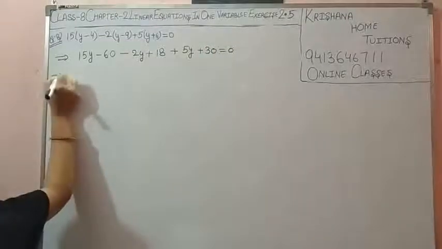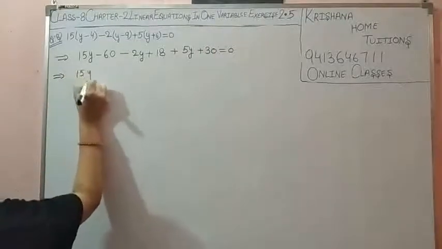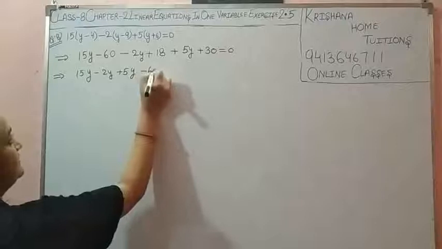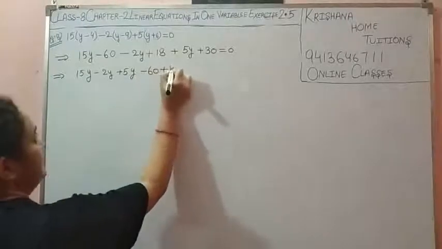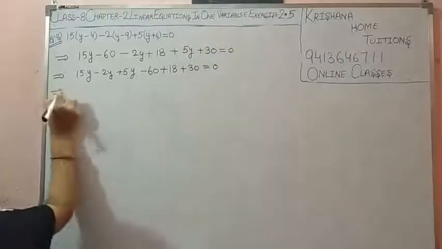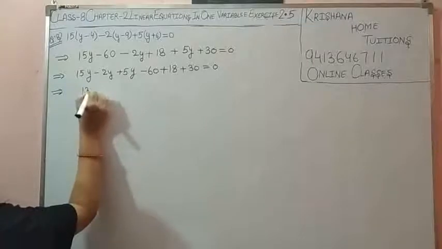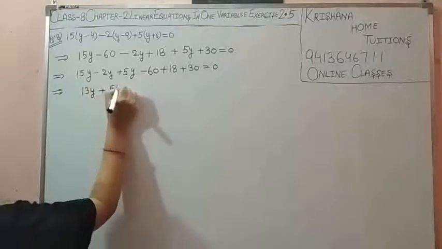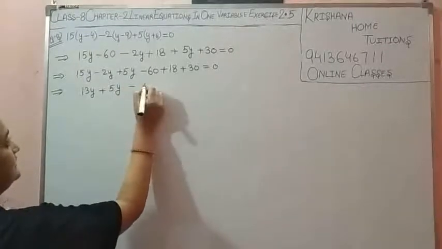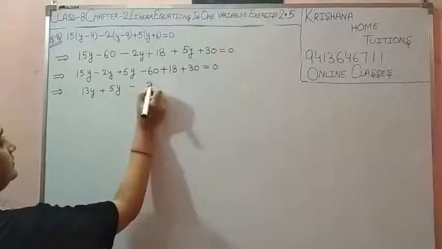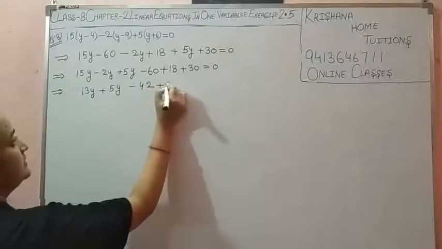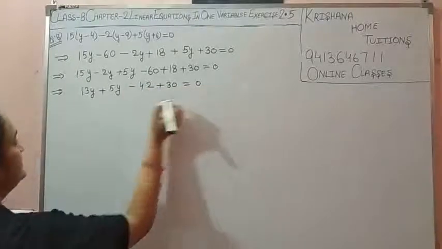Now I am writing the variable terms separately: 15y minus 2y plus 5y, and the non-variable terms separately: minus 60 plus 18 plus 30 is equal to 0. So 15 minus 2 becomes 13y plus 5y, minus 60 plus 18, minus 42 plus 30 is equal to 0.